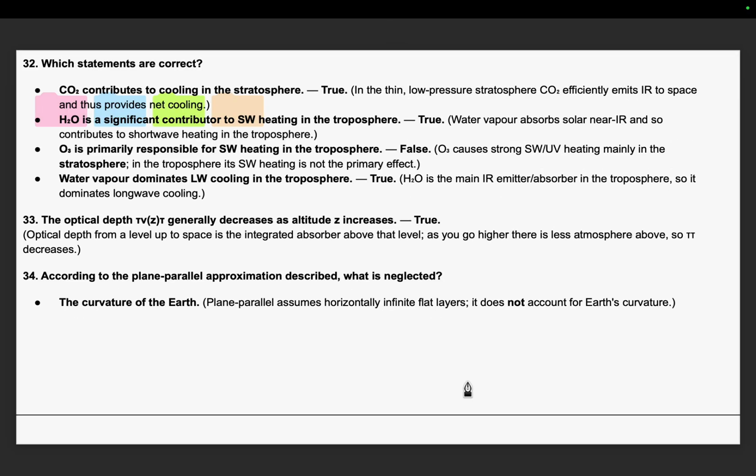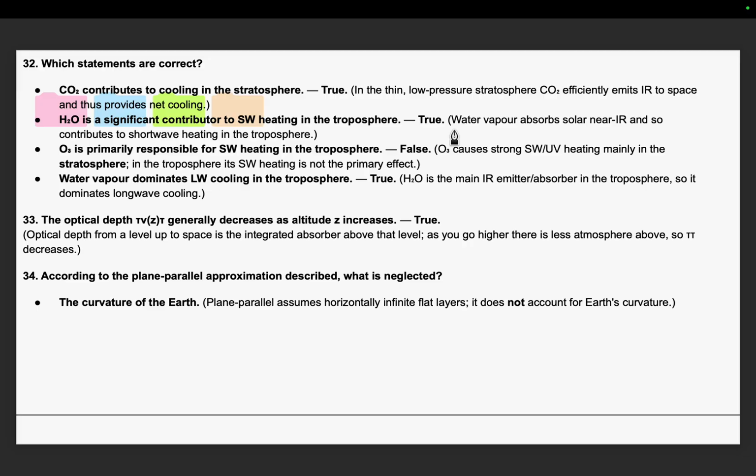Now we will look at this. Carbon dioxide contributes to cooling in the stratosphere. True: in the thin, low-pressure stratosphere, carbon dioxide efficiently radiates infrared to space, and thus provides some net cooling. H2O is a significant contributor of shortwave heating in the troposphere. This option is true because water vapor absorbs solar near-infrared and so contributes to shortwave heating in the troposphere.